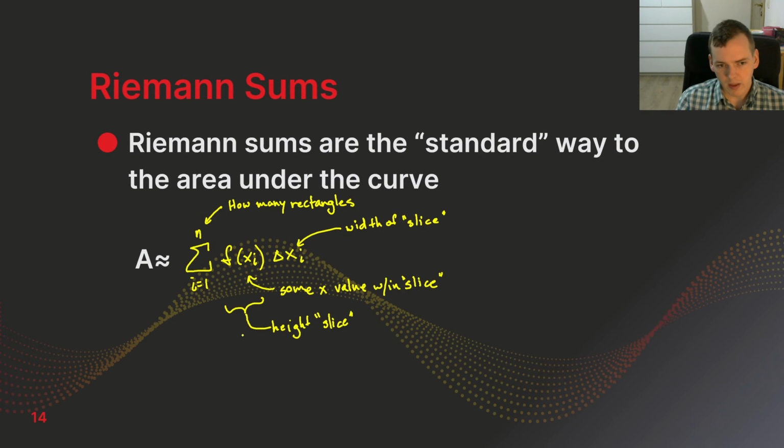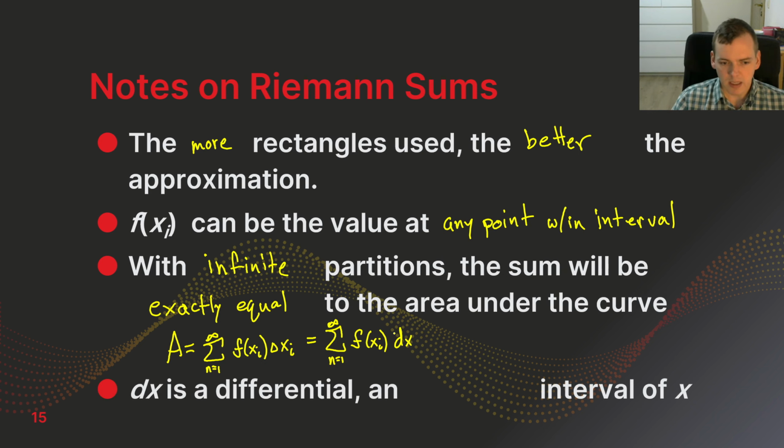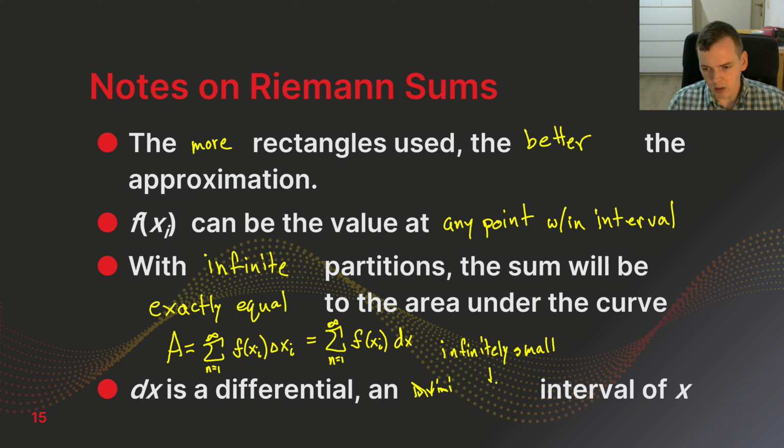So whereas before, we have the area is approximately equal to this value, now we can say the area is exactly equal to the sum from i equals 1 to infinity of f of xi times delta xi, which I'm also going to write using this notation here, the sum from i equals 1 to infinity of f of xi times dx. dx is what we call a differential, and it's an infinitely small interval of x.